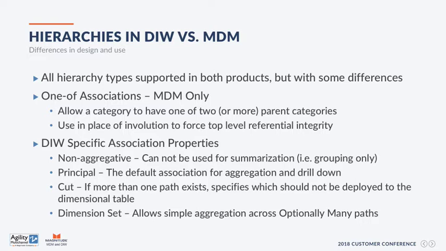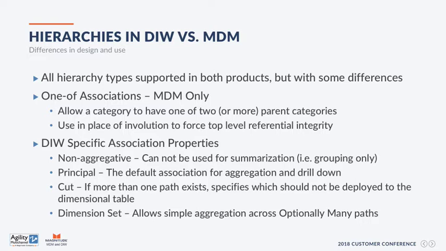DIW goes to great lengths to avoid double counting. And so many-to-many associations are generally avoided in DIW because of the complexities involved in calculating basically the Cartesian product of parent and child nodes across many-to-many.